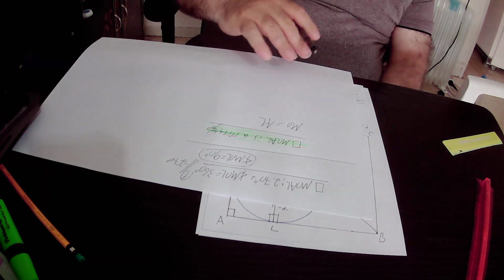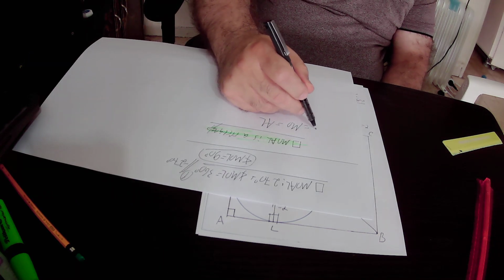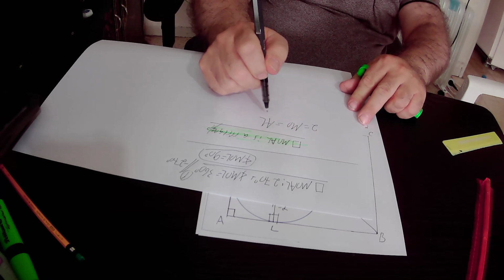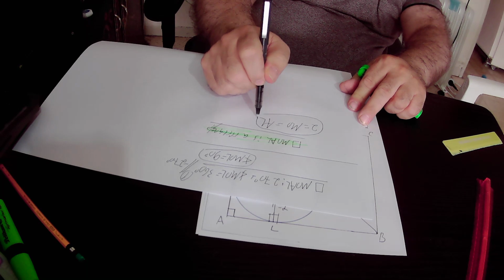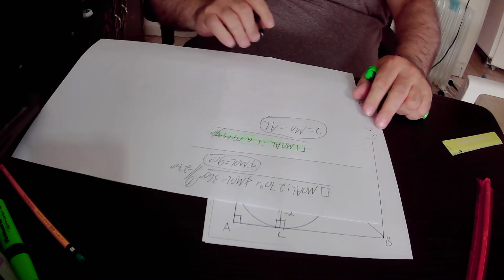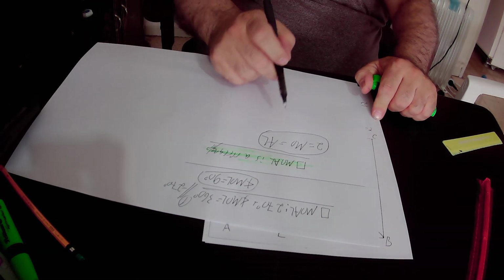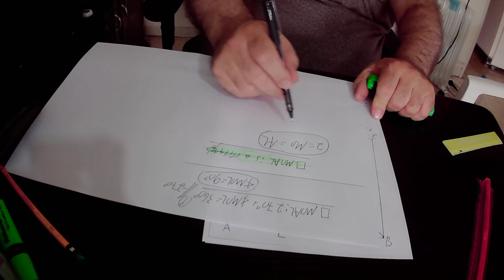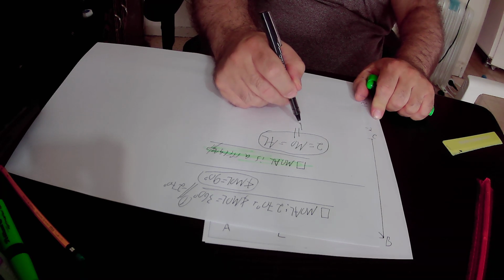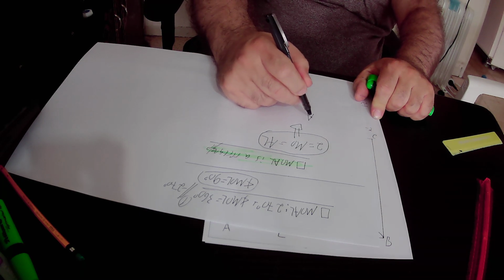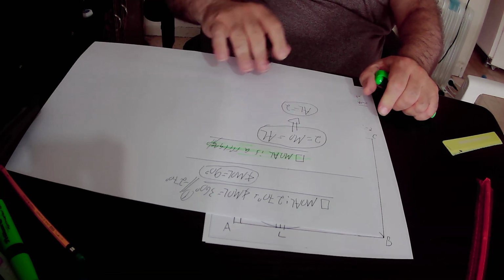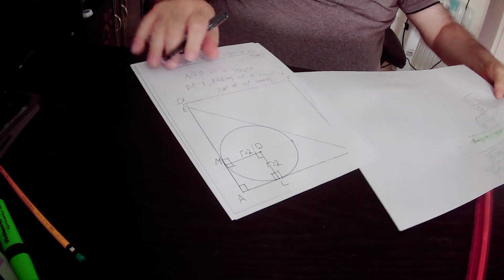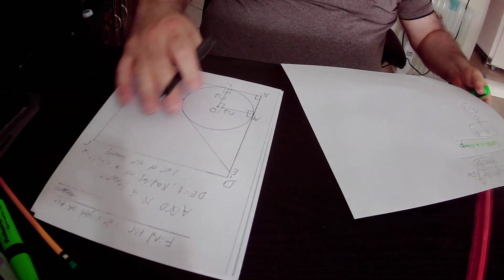So we can write here that MO equals 2 units. And from this equation, 2 equals MO equals AL, we will derive that AL is also equal to 2 units. So here, AL equals 2 units.